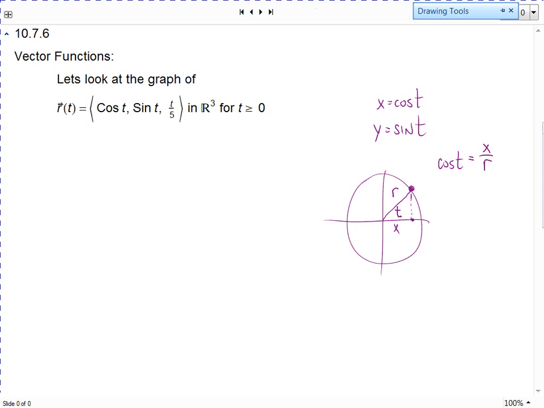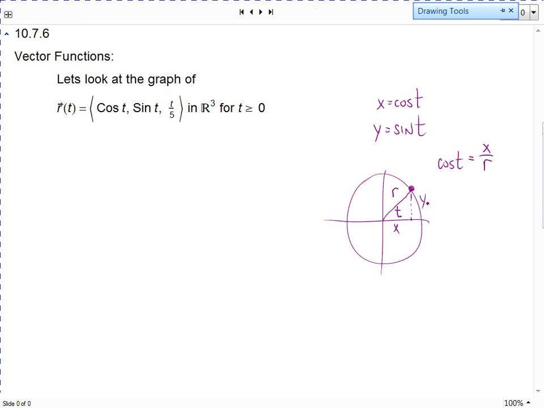And if the radius is 1, then your x is just cosine t. And then what's your y value? Your y is sine t. Sine of t is y over r, and again, if r is 1, you get y equals sine t. So the x and the y components should draw a circle.